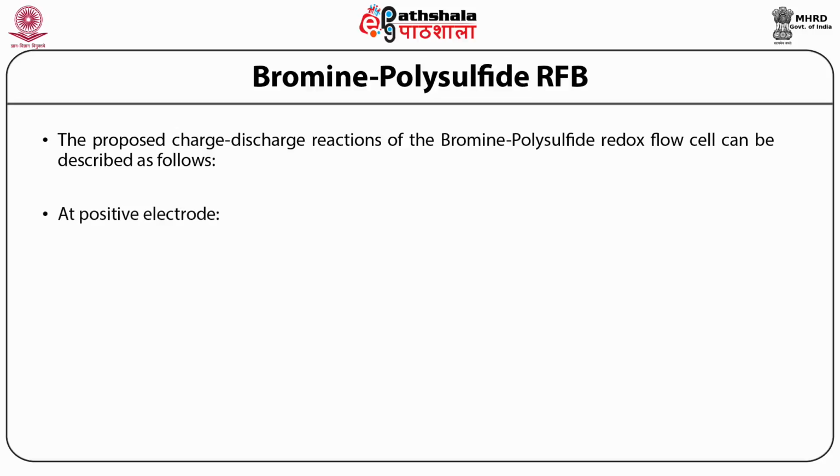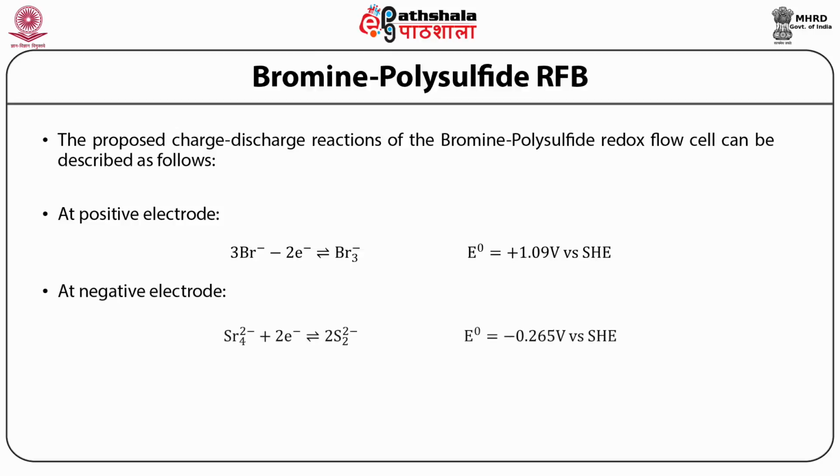At the positive electrode, 3Br- minus 2 electrons charges or discharges to give Br3-, with E0 equal to plus 1.09 volt versus SHE. At the negative electrode, S4 2- plus 2 electrons charges or discharges to give 2S2 2-, with E0 equal to minus 0.265 volts versus SHE.